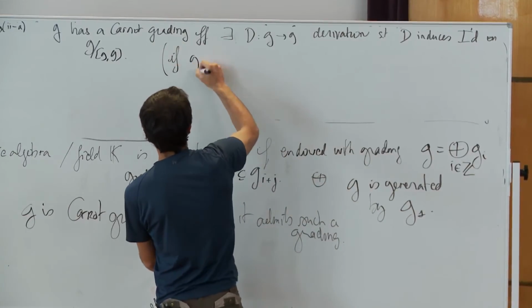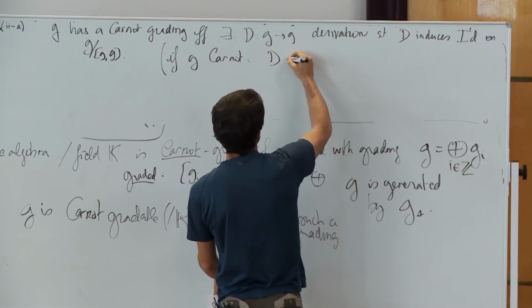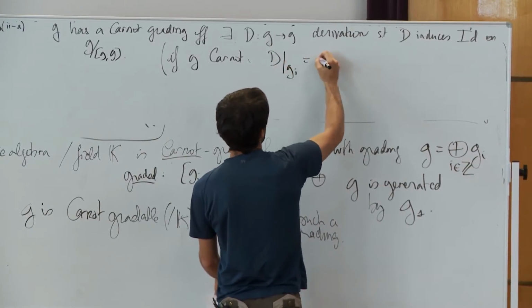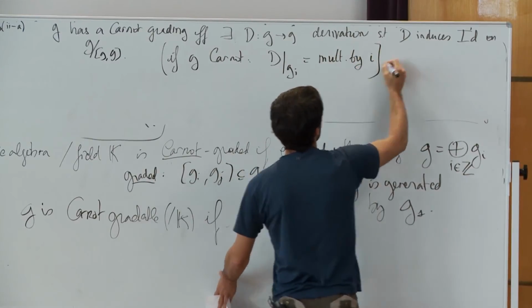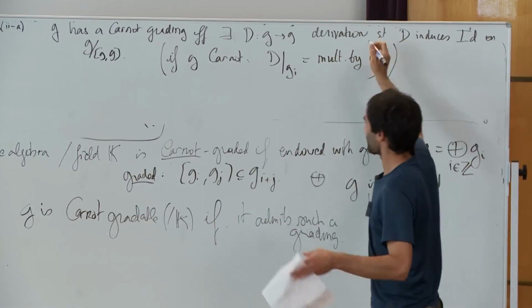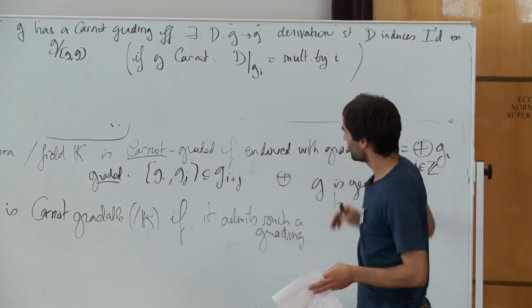So if G is Carnot, take D restricted to Gi to be the multiplication by i, and there is a converse in characteristic 0, which is not hard.